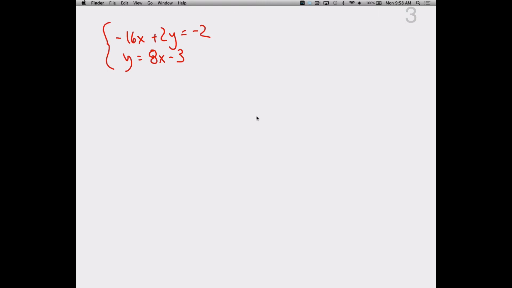Because you could multiply the numbers so that they can subtract. Okay, so if I was to do this as elimination, I gotta move the 8x to the other side, which is fine, and then you multiply the bottom equation by negative 2. Okay, that would work fine. And we'd solve and be done.